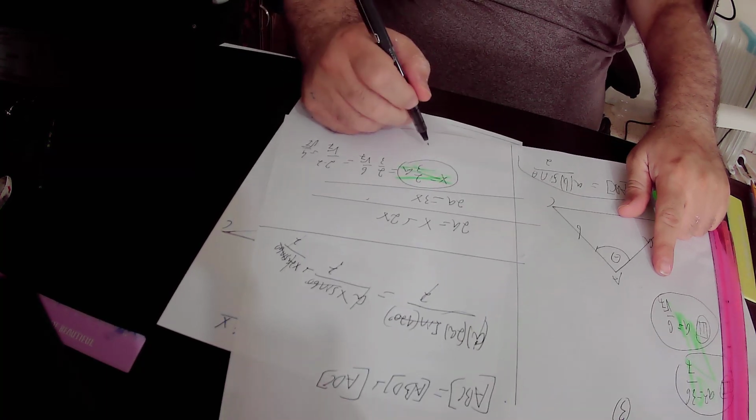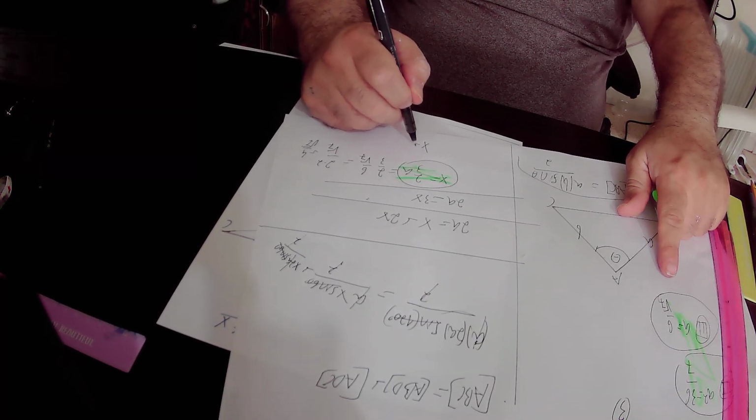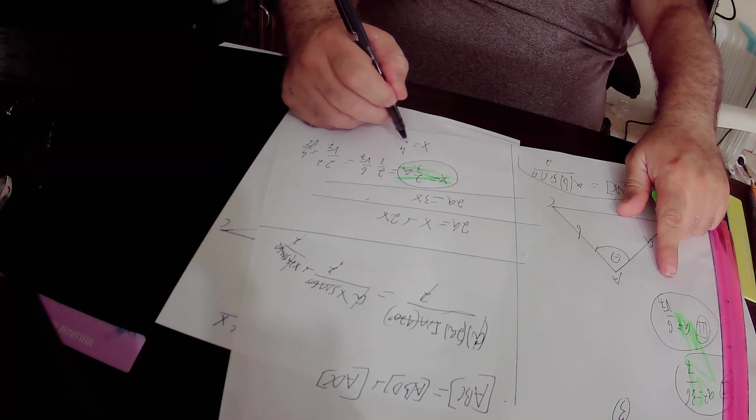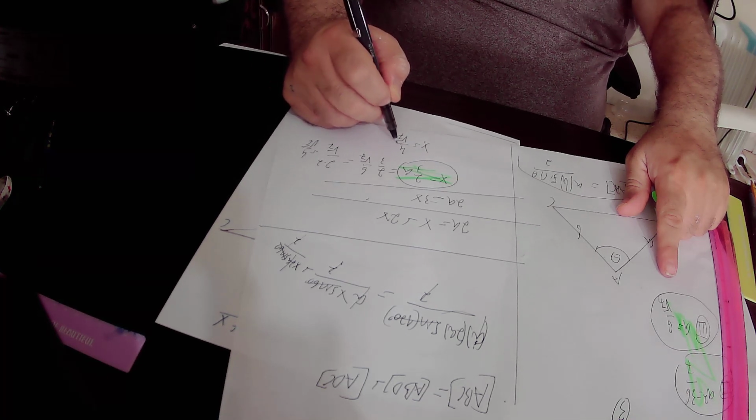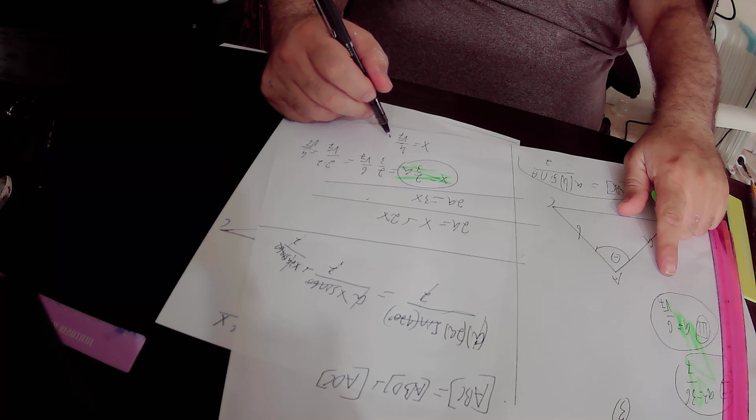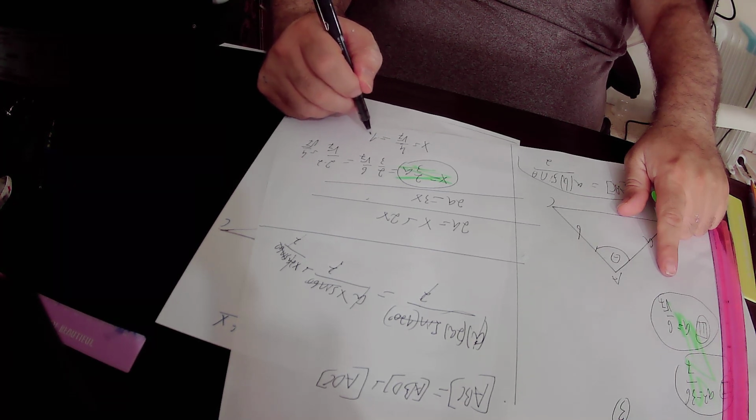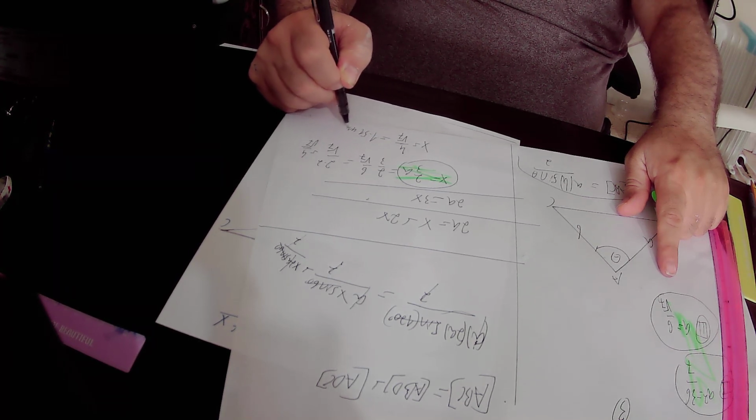So in conclusion, x equals 4 over square root of 7 units, or in terms of numbers, it is equal to 1.51 units.